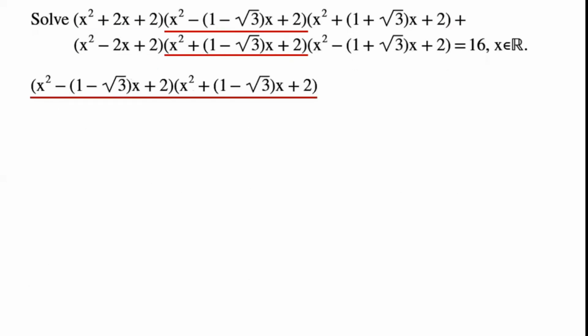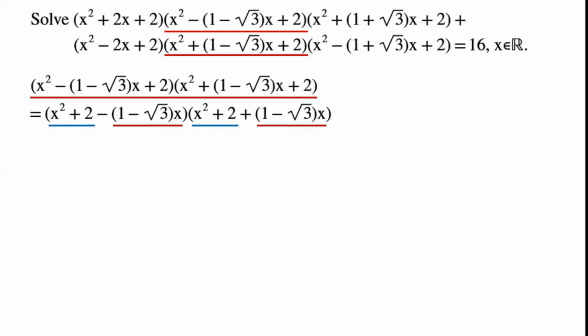x squared minus 1 minus root 3 times x plus 2 times x squared plus 1 minus root 3 times x plus 2 equals x squared plus 2 minus 1 minus root 3 times x, times x squared plus 2 plus 1 minus root 3 times x.